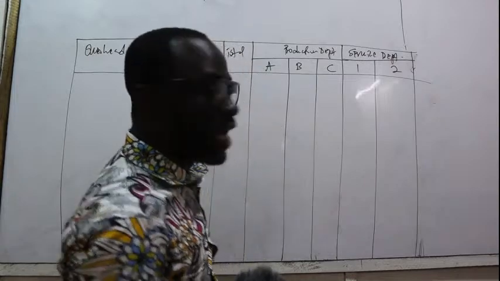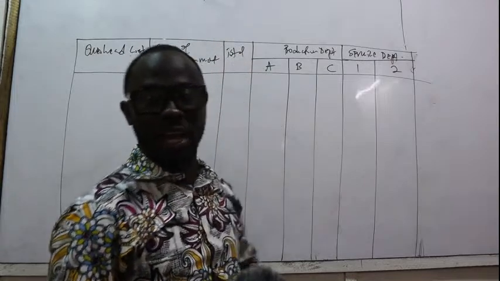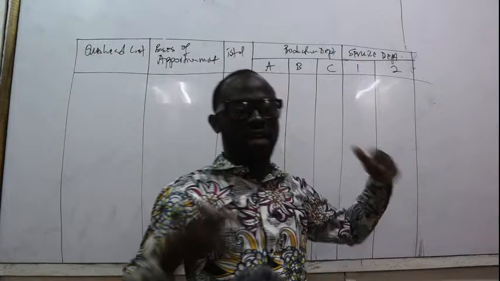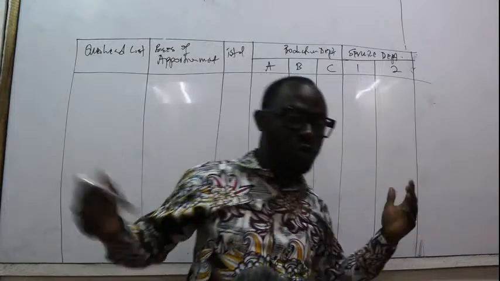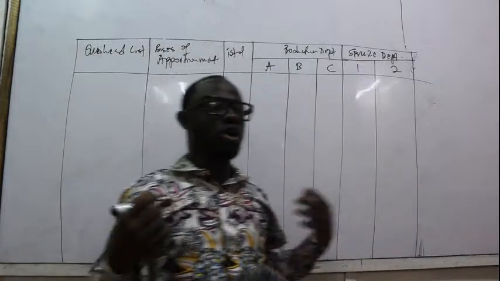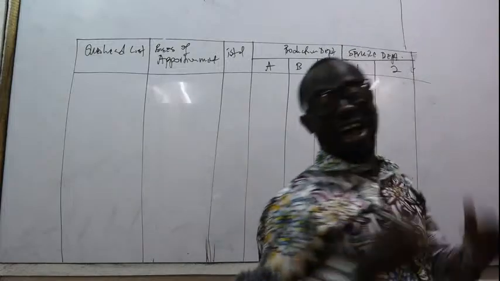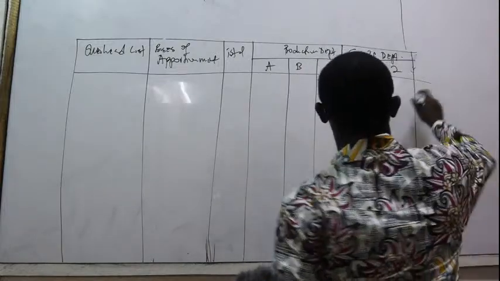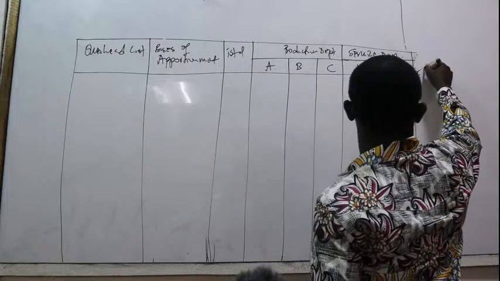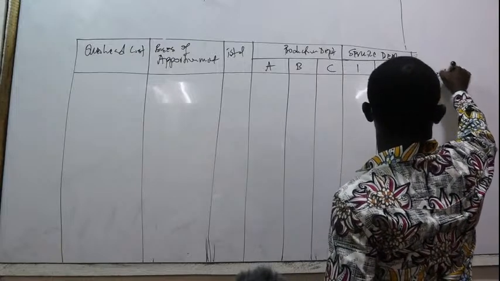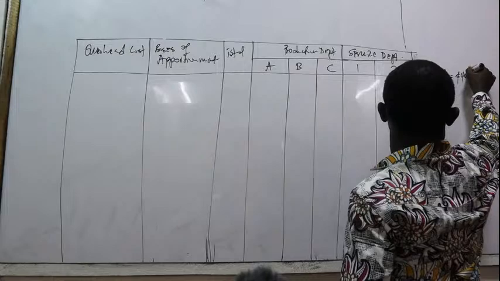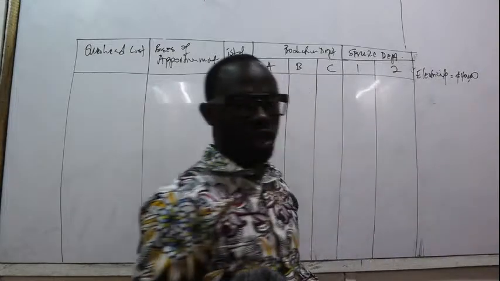So whatever it is, data will be provided to us, and based on the data provided, we'll be able to solve the question. So let me just give you a freestyle on how that is done. For instance, let's say we have electricity, and that is say $400,000.